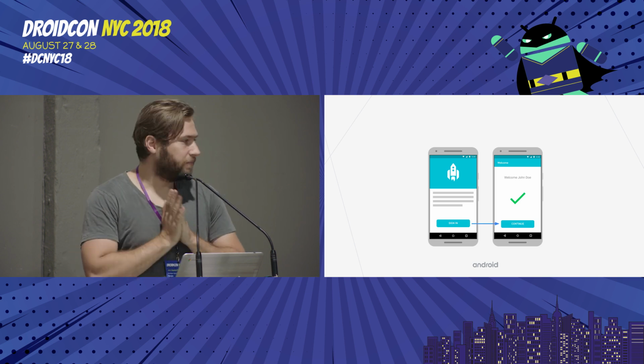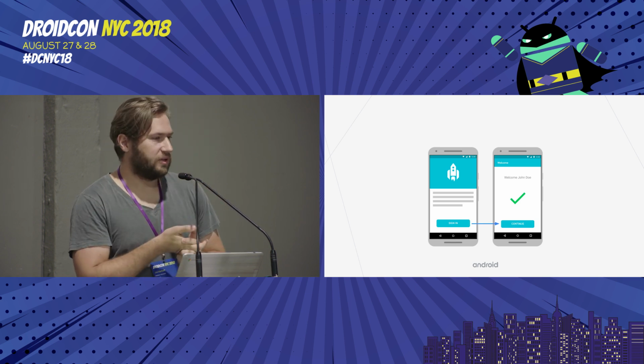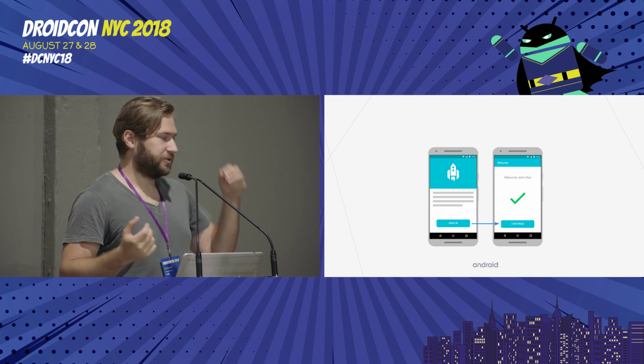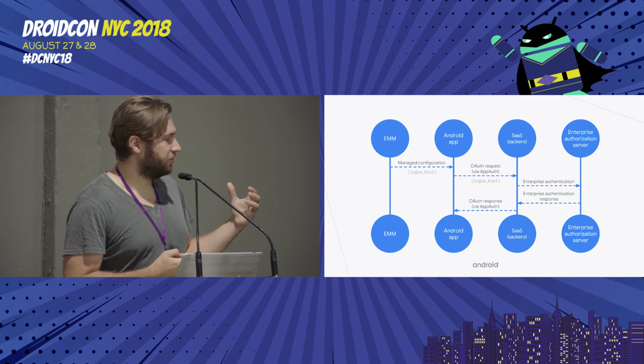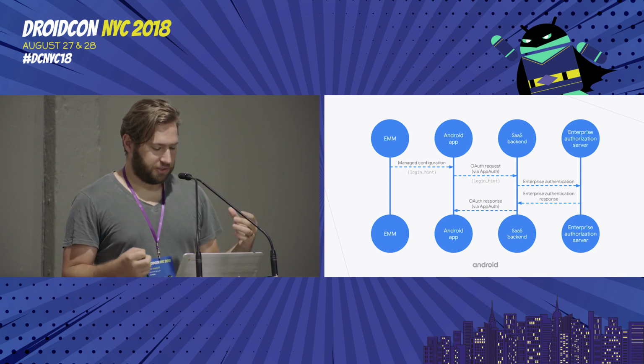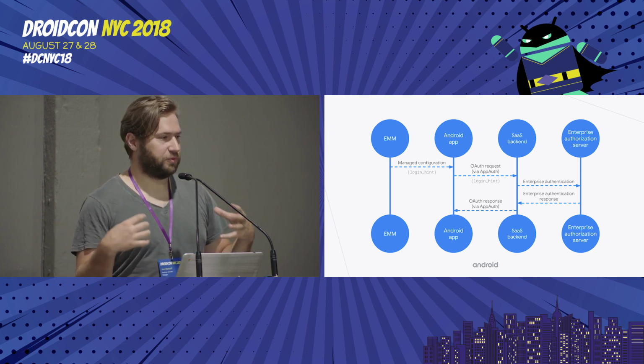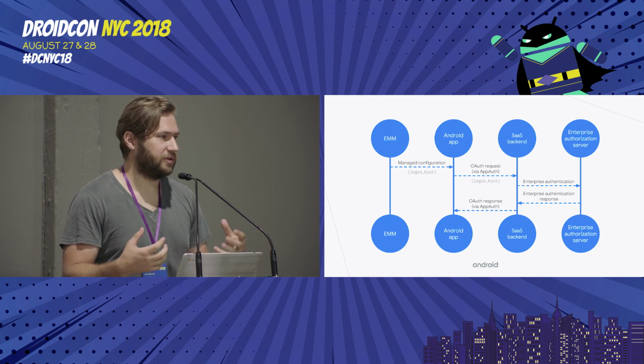So a potential flow could look something like this, depending on the complexity of your organization. If you're using an EMM, your EMM is going to push a configuration to your device, which will have some login information set up already. I'll get to what that really entails in a little bit.